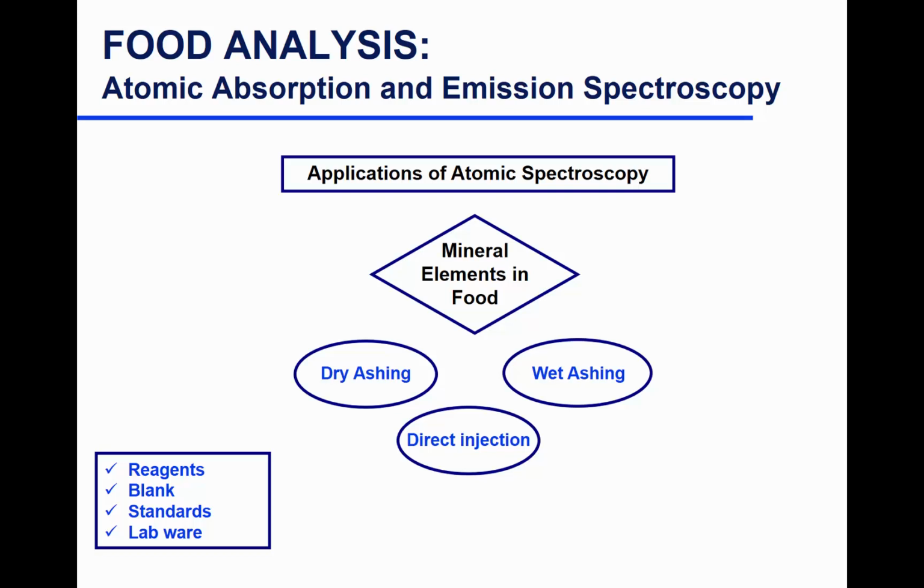We'll talk more about dry ashing and wet ashing in the minerals chapter, but this is the main difference: you are getting rid of organic matter and leaving your minerals for detection.